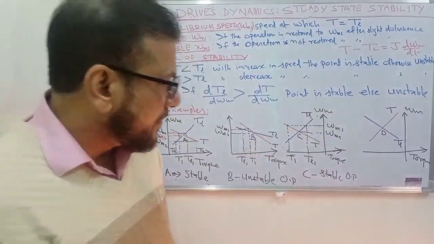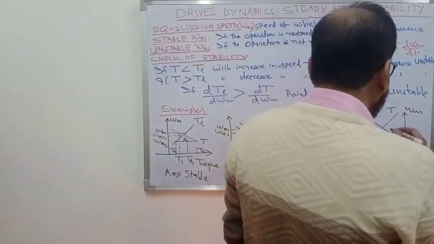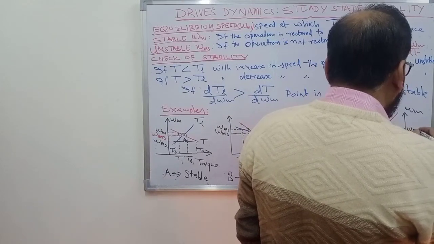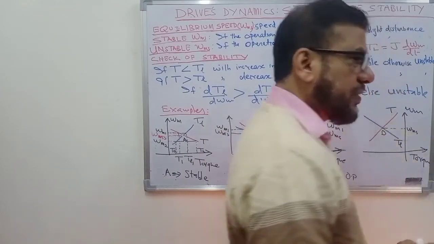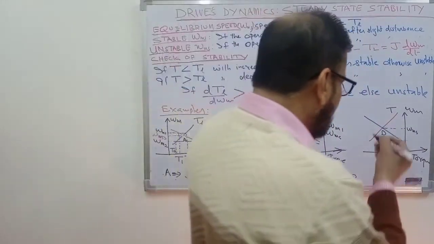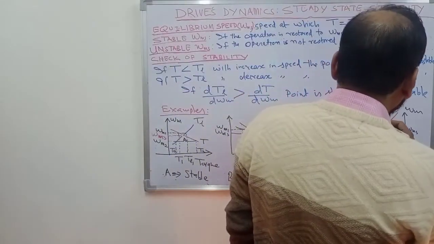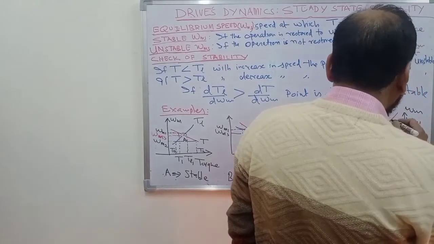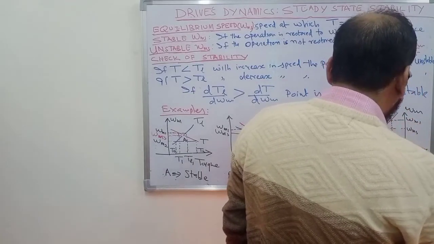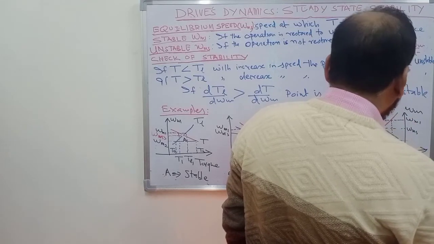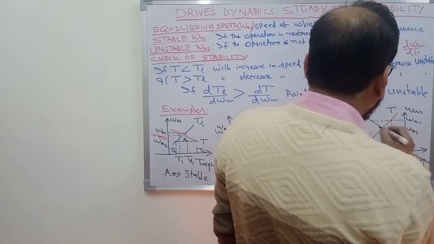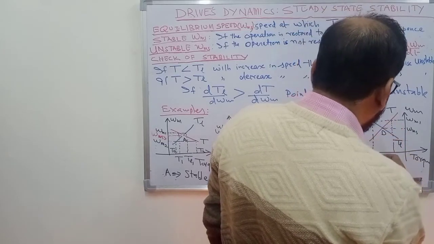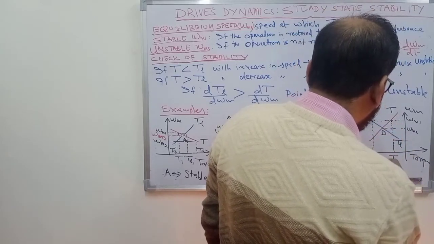Let us take the fourth case. This is a point D. The motor is running at this speed, omega ms. To check for stability, let us increase the speed slightly to omega m1. This causes the motor torque to increase to T1 and the load torque to become equal to TL1.